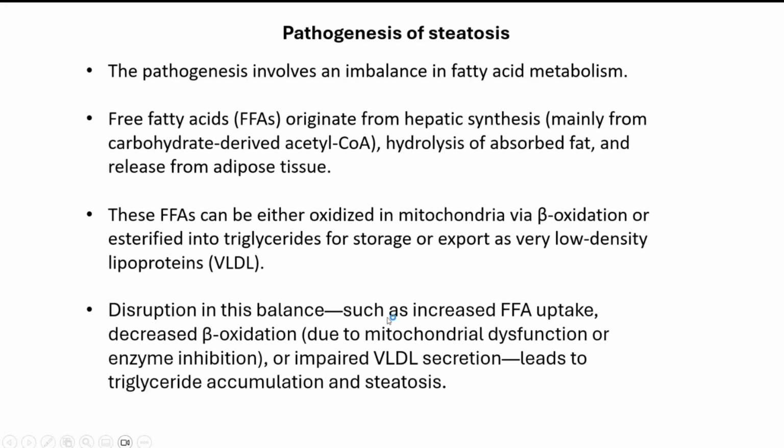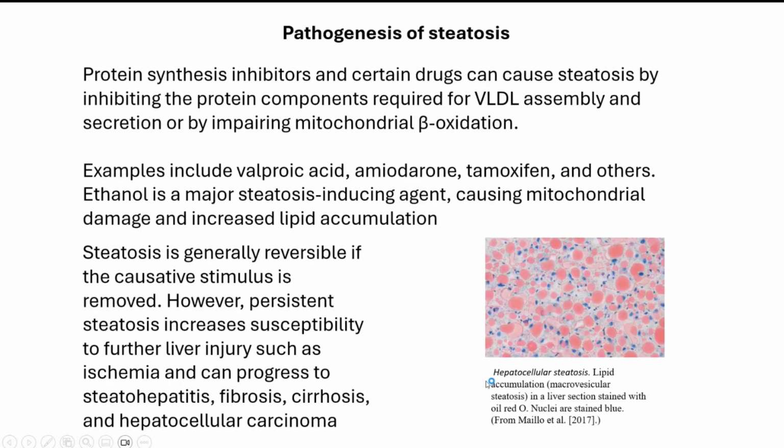Disruption in this balance, such as increased free fatty acid intake, decreased beta oxidation due to mitochondrial dysfunction or enzyme inhibition, or impaired VLDL secretion, leads to triglyceride accumulation and steatosis.